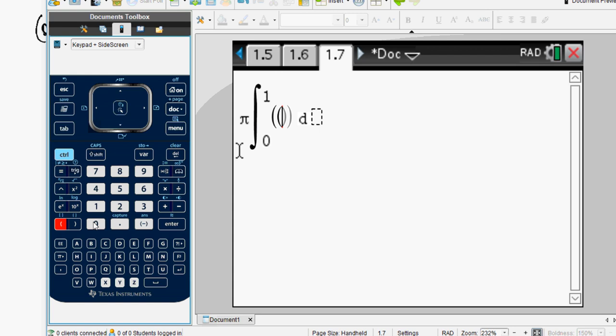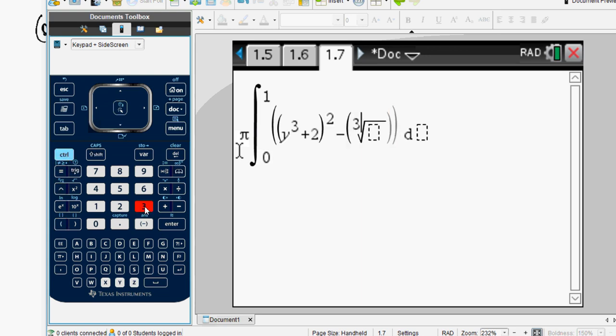Our big R is going to be y cubed plus 2, and we square that, and then we subtract little r, which is going to be the parentheses here, a cube root of y, and we come over here, we're going to add to that 2, and then we come out and put squared, and then dy.